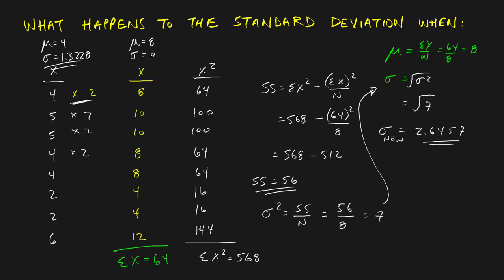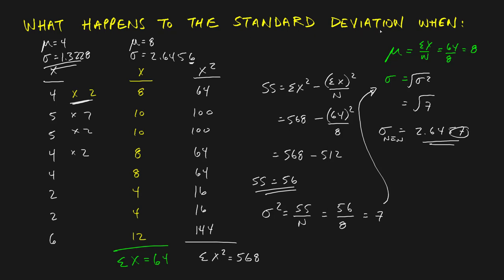That comes out to be 2.6456. So except for a little bit of rounding error, the 7 and the 6, we've witnessed that the standard deviation doubles. So when you double all of your data, you double the standard deviation, which again should make sense.